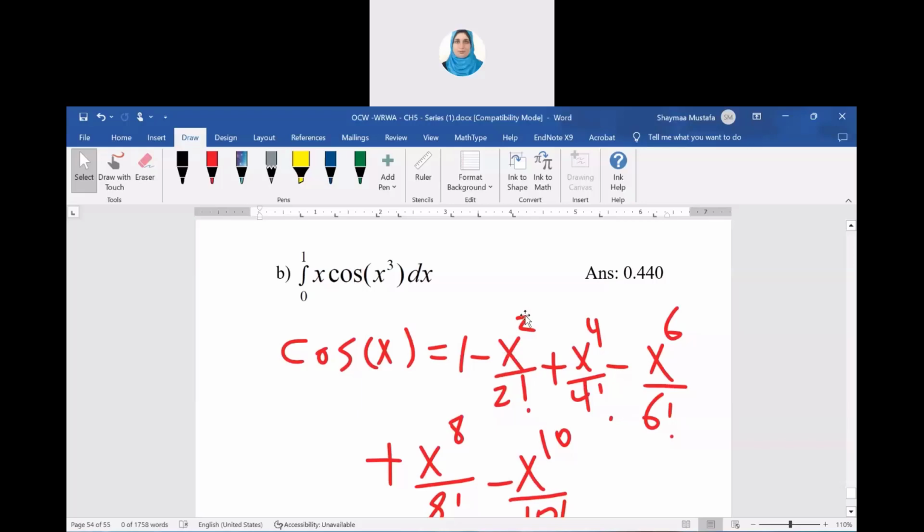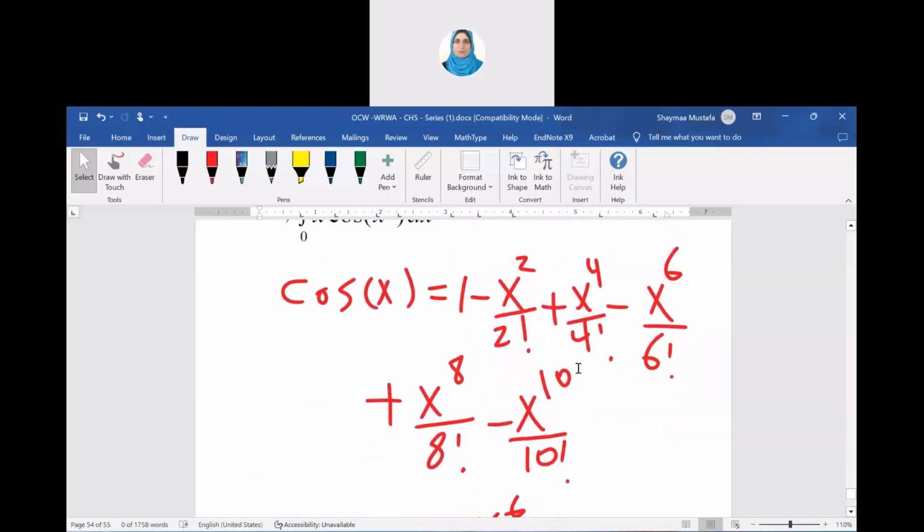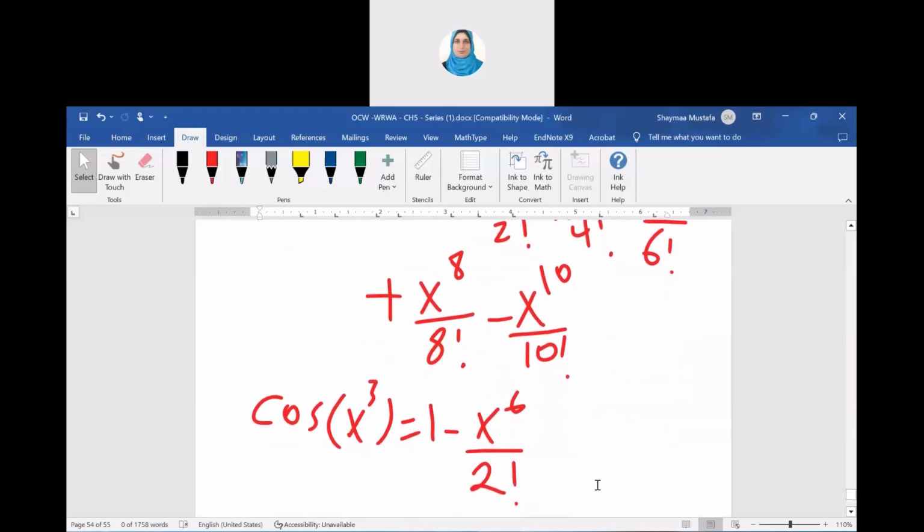We replace x by x cubed to the power 2, then you have x to the power 6. Now here x to the power 12 plus x to the power 12 over 3 factorial minus x.